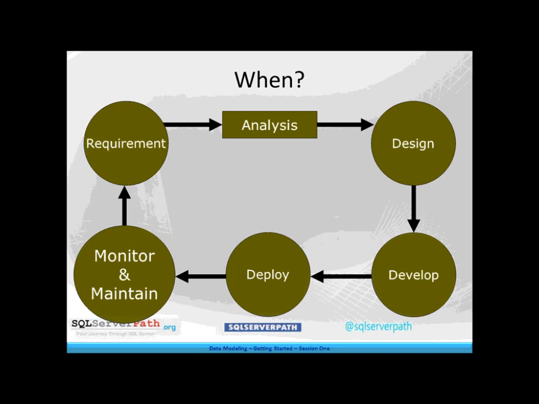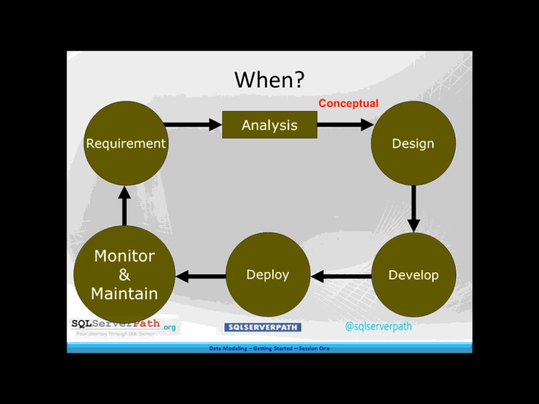And then, if some re-engineering is required, again they will go in a loop. So when we develop the data model, it is exactly during or before the design phase of your solution or of your product.